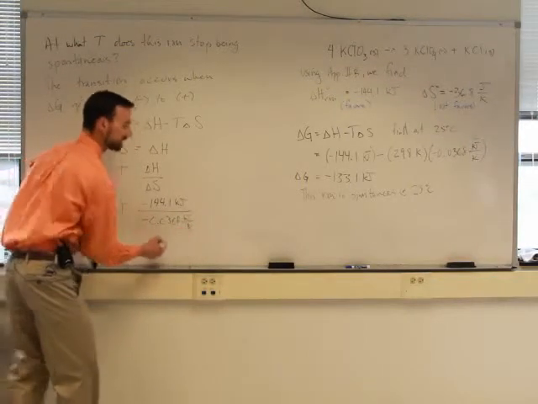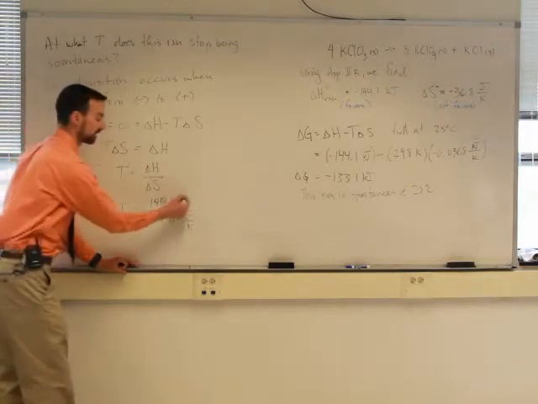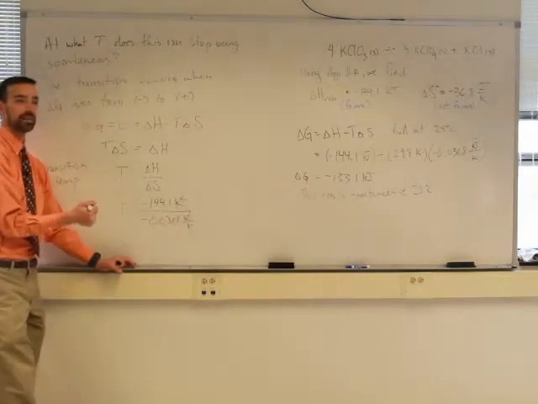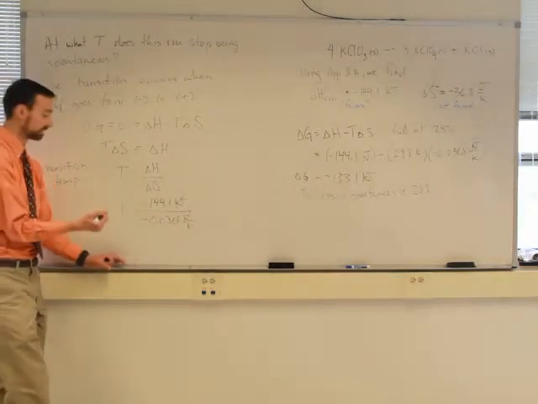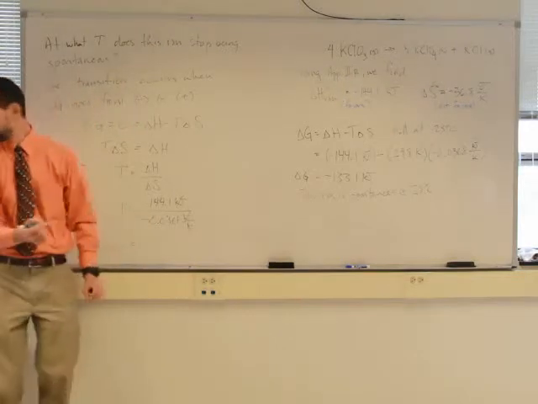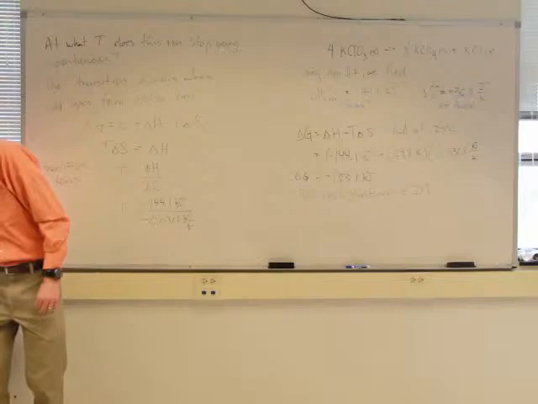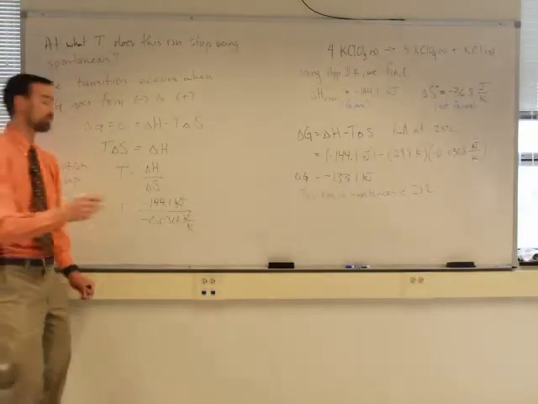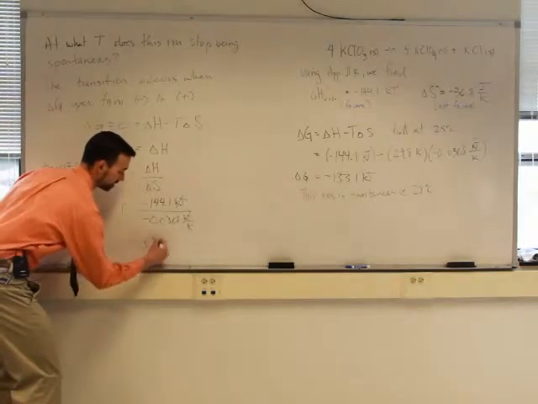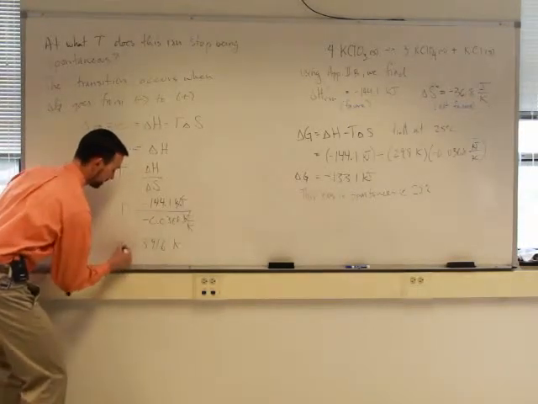Again, I've converted it to kilojoules so that the kilojoules cancel this time, not so that they add. And I get a temperature that is just really high. It is 3,916 Kelvin.